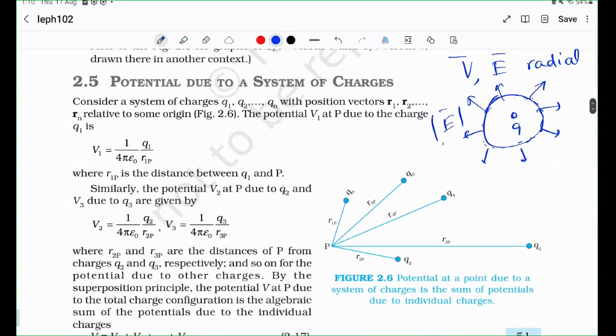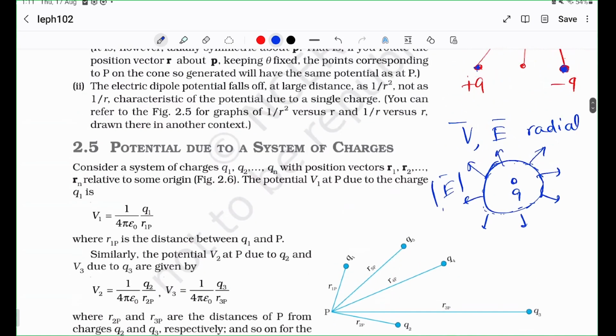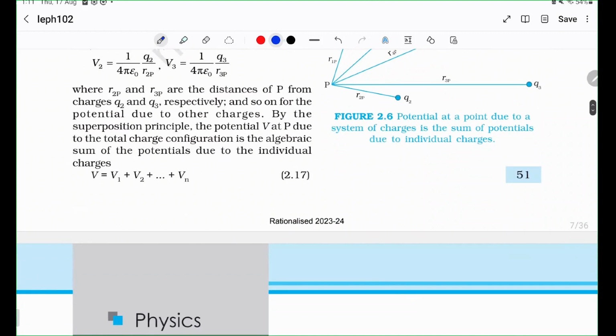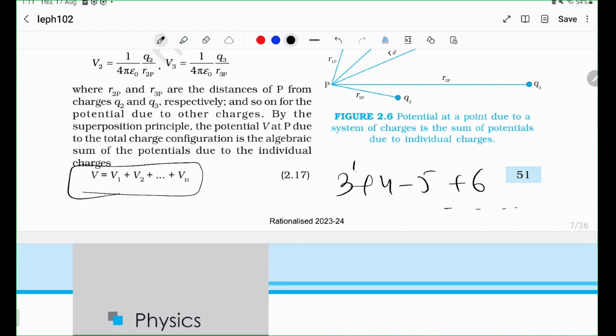Okay, we will do potential due to a system of charges now. And lucky for us, I think we just discussed superposition in the case of potentials. It is simply the scalar addition. You just add all the numbers, 3 plus 4 minus 5 plus 6. That's it. There is no worrying about i cap, j cap, magnitudes, directions, Pythagoras theorem.